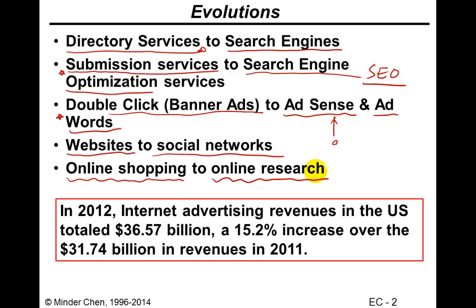Certainly they may go online, but doing that research online first before they actually shop and place an order is on the rise. How big is the market? One data set shows that internet advertising revenue in the US is about $36.57 billion, which is a 15% increase over the previous year.